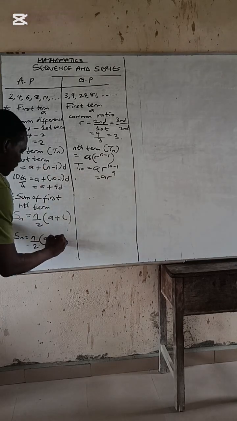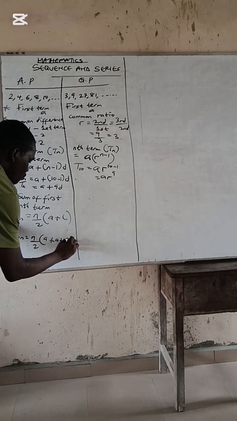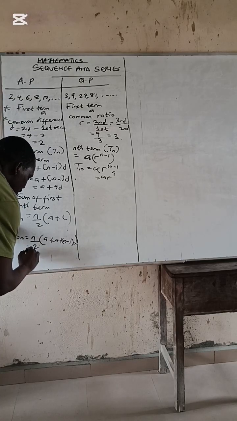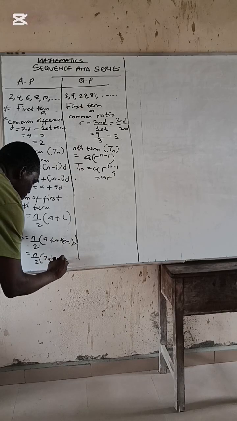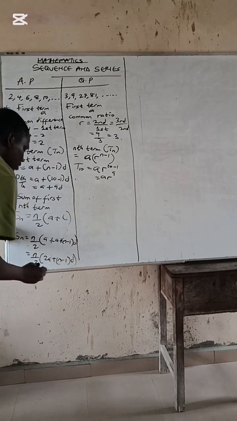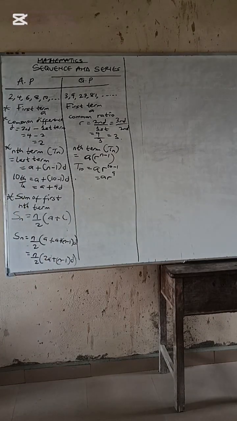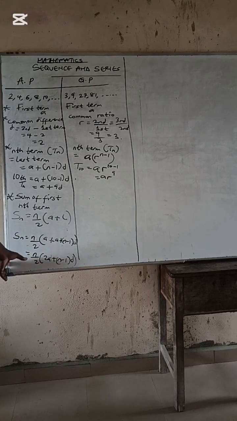You bring in a plus n minus 1 d. So at the end of the day, you have it as n over 2 into bracket 2a plus n minus 1 d. So this will give you the formula to use when you are calculating the sum of n terms of an AP. Either you use this or you make use of this.